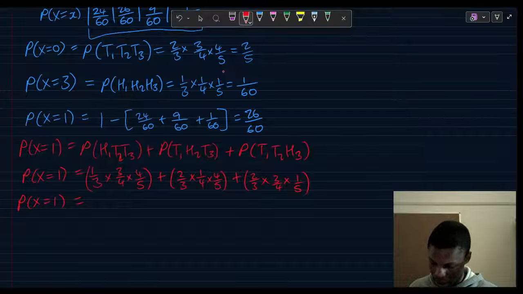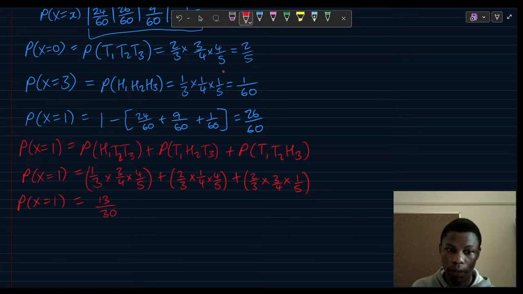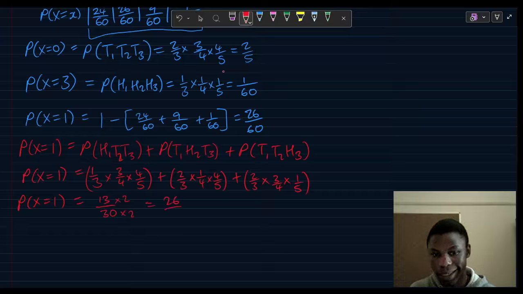That gives us 13/30. And if you multiply the numerator by 2, denominator by 2, you get 26/60, which matches that.